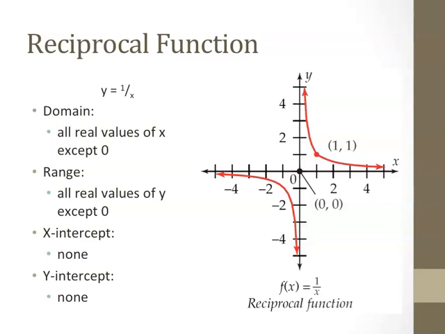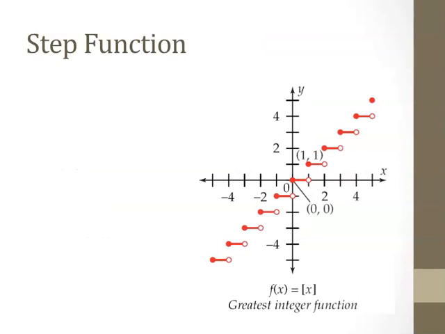All right, the next function is what we call a step function. It's also known as the greatest integer function. Now the way that we write this one is y equals, and then we use brackets for x. What this function does is, if you look at your x values from 0 to 1, all the values from 0 to 1 always round down to the nearest integer.